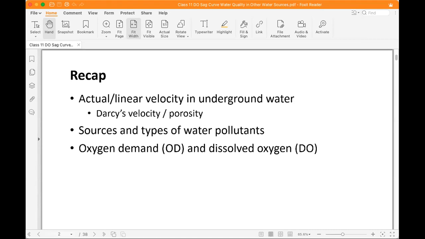There are going to be rocks or sands. So the actual velocity of the water is going to be higher compared to the Darcy velocity, right? So we need to consider the porosity of the soil.